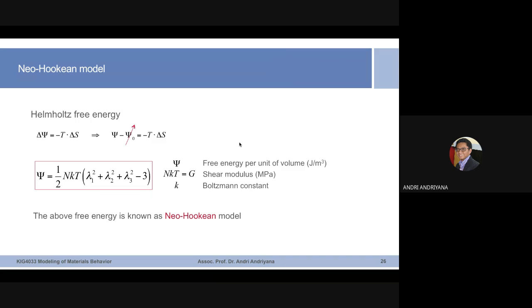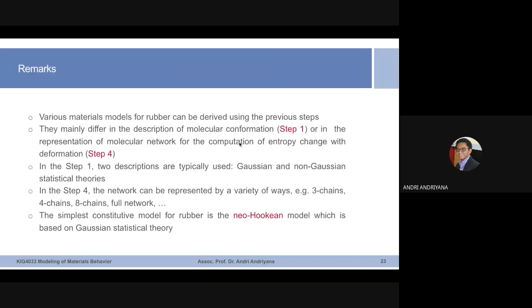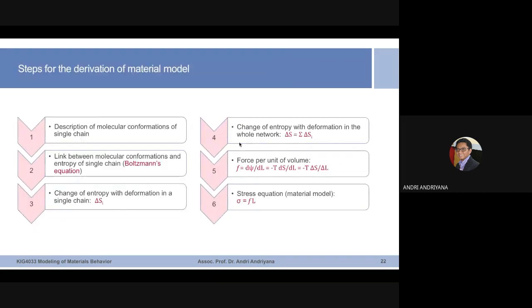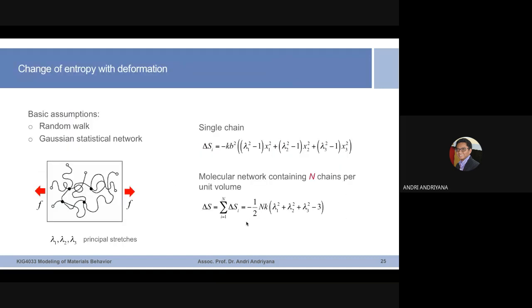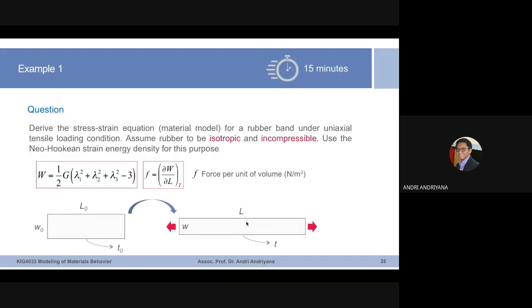If I browse back here, now I can compute number 5 and then easily get number 6. Because now I already have the expressions for psi, I simply need to differentiate with respect to deformations, and after that multiply by the length of the sample, then I get the expressions of the stress. As simple as that, the next stage. And that is what we are going to do in the first example here.